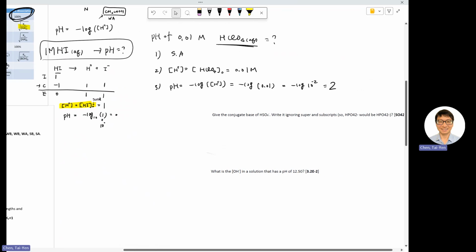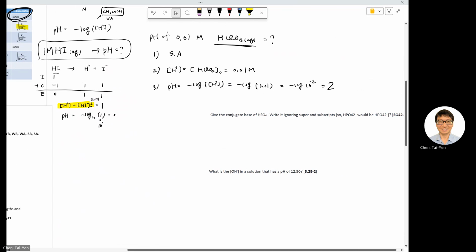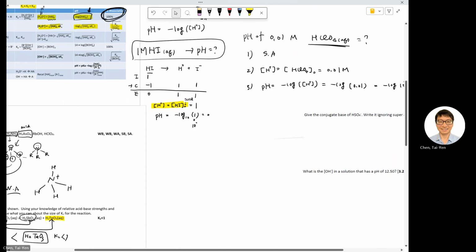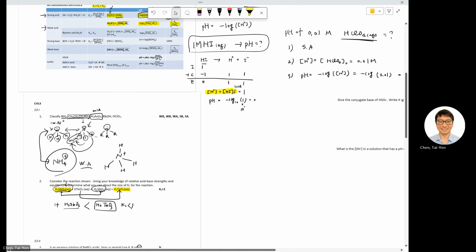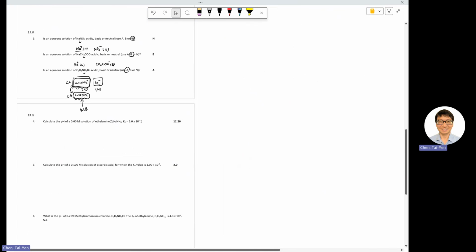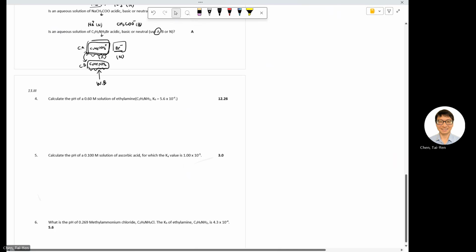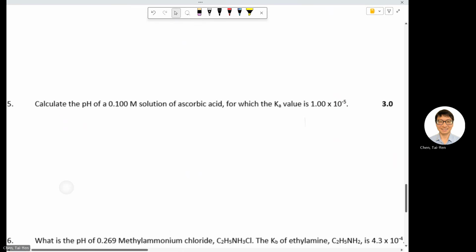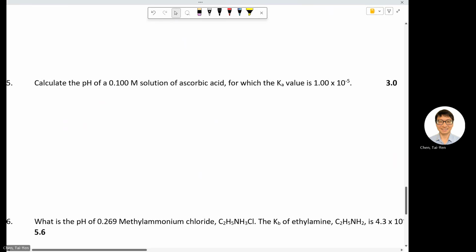So let's do an example. This question says: calculate the pH of a 0.1 M solution of ascorbic acid for which the Ka value is 1.0 times 10 to the negative 5.